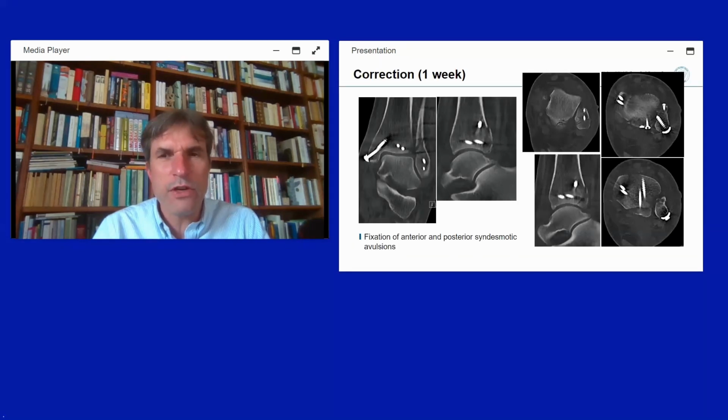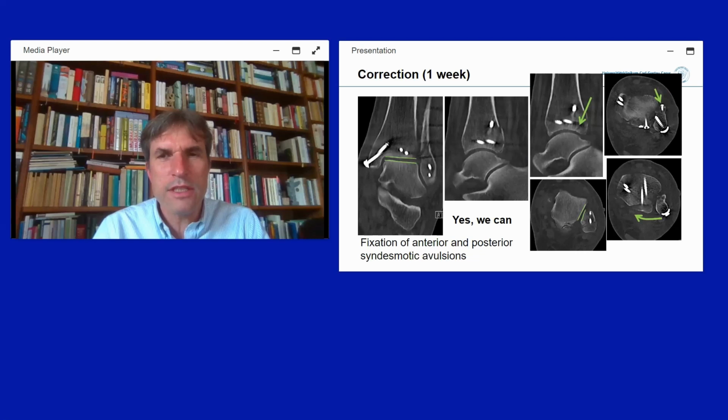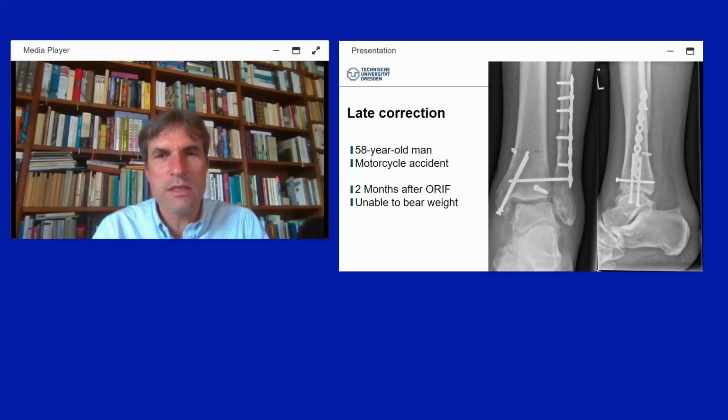And then, of course, we have to prove that we really did better. So these were the pre-op CT scans, and this is post-op. And now you can see there is a perfect alignment of the posterior malleolus, a good alignment of the anterior malleolus equivalent. The fibular rotation is corrected, and there's no more spontaneous tilting of the ankle in the mortise.